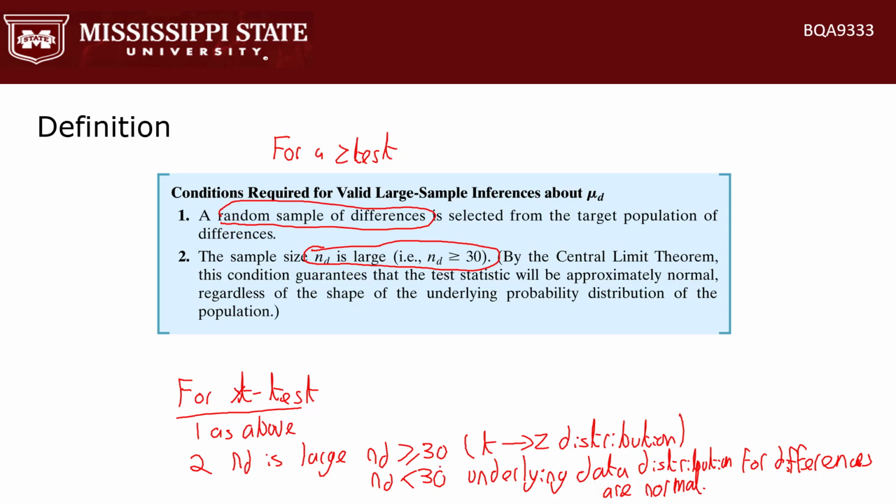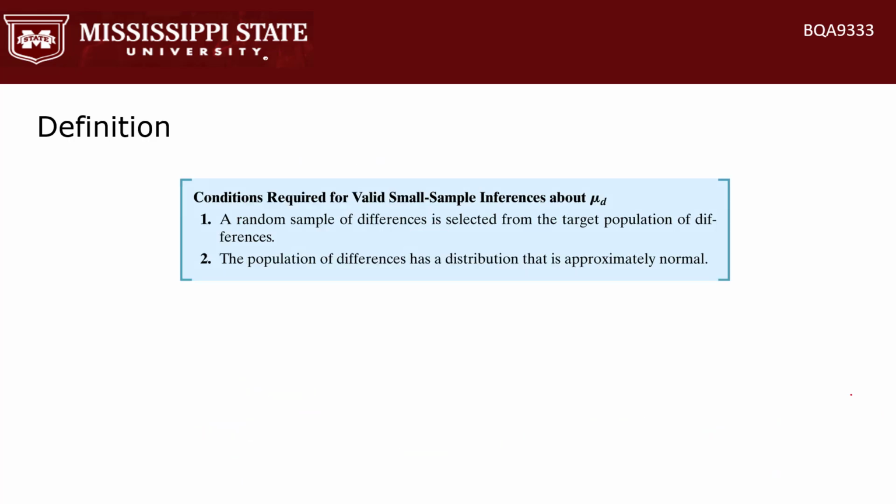So if ND is less than or equal to 30 and not normal, then we'll use non-parametric tests, which we will cover in this course later on. And we just kind of did that. So random sample. And again, most people in practice will use the t-test with large samples, regardless of whether the data is normal or not.